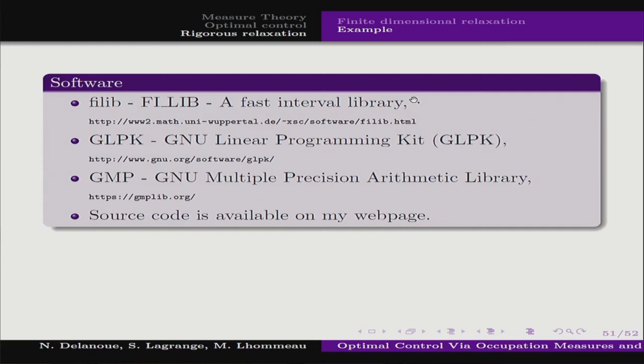So let me conclude. The software I've used to develop this algorithm is GLPK for the part about linear programming, and GMP also, to find a perfect solution without rounding errors and so on. The source code is available on my webpage.